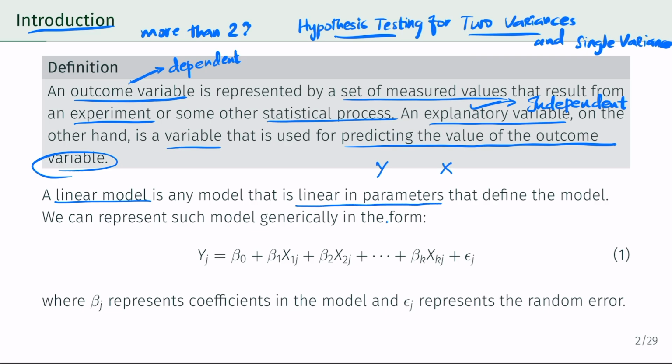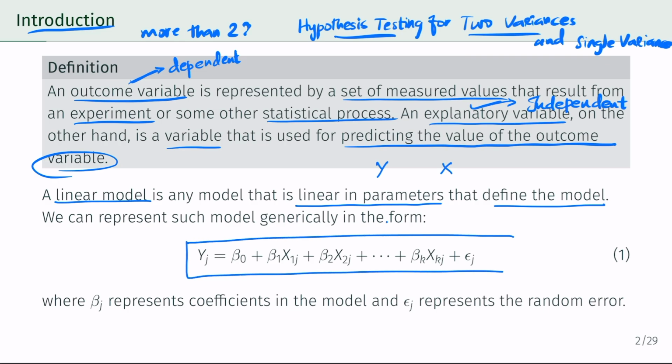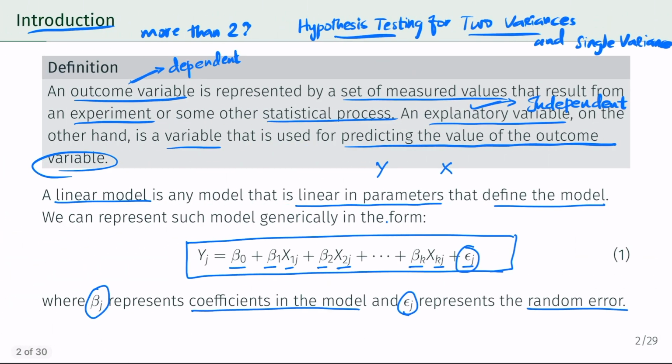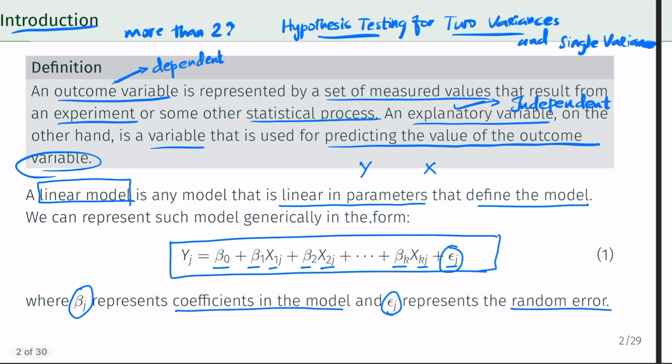We can represent it like this: y_j = beta_0 + beta_1 x_1j + beta_2 x_2j + ... + beta_k x_kj + epsilon_j, where beta_j represents the coefficients in the model and epsilon_j represents the random error. Remember that any model will always have some form of random error present. To analyze these kinds of linear models and check whether the groups are from the same population or not, we generally use the ANOVA procedure.